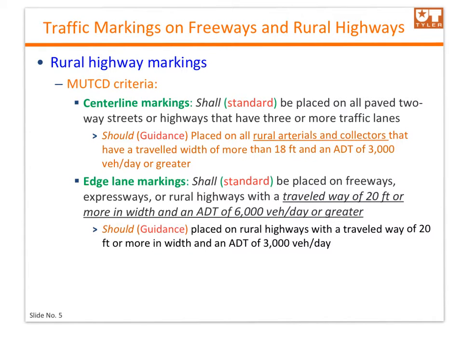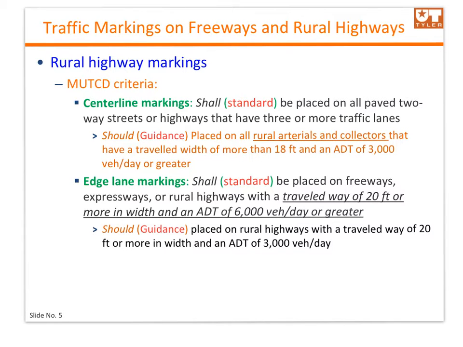So it should be placed actually on all rural arterials and collectors that have a traveled width of more than 18 feet and average daily traffic of 3,000 vehicles per day or greater. So you could see now there is a movement between a must and a guidance.